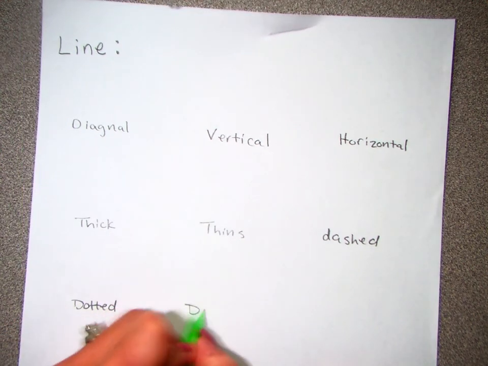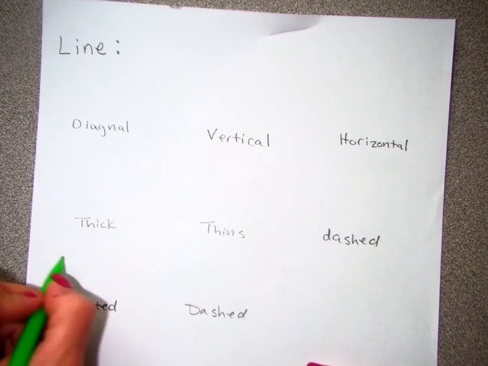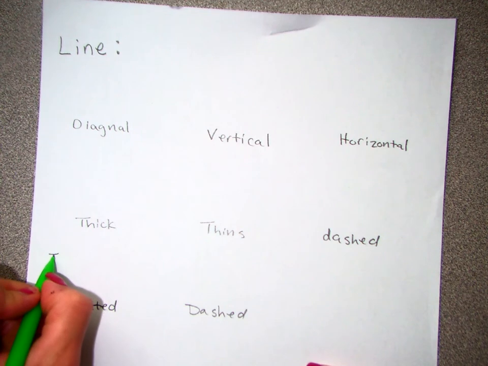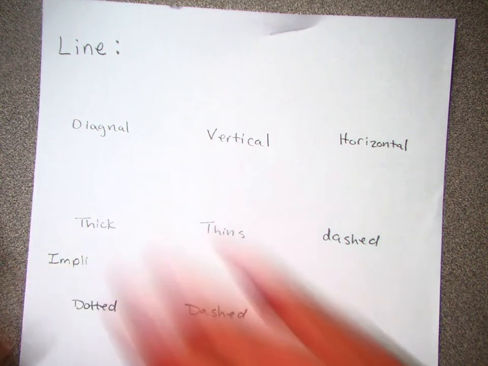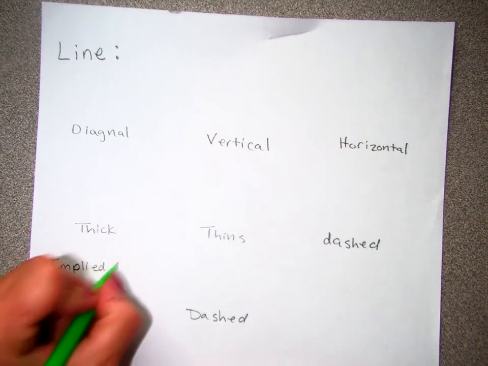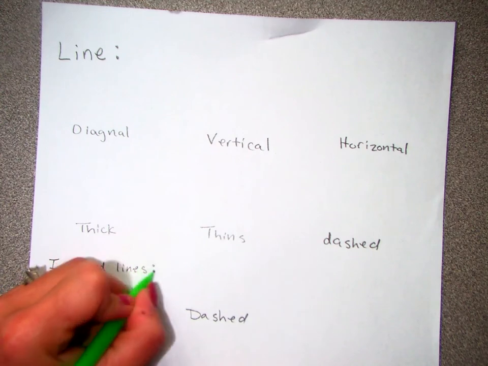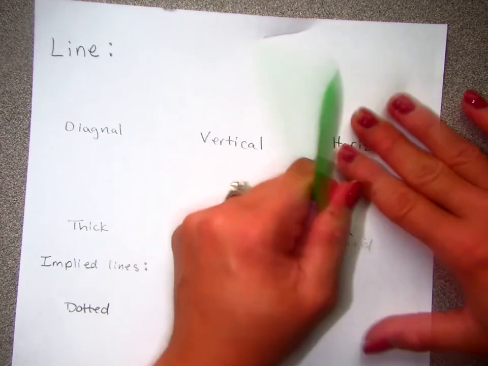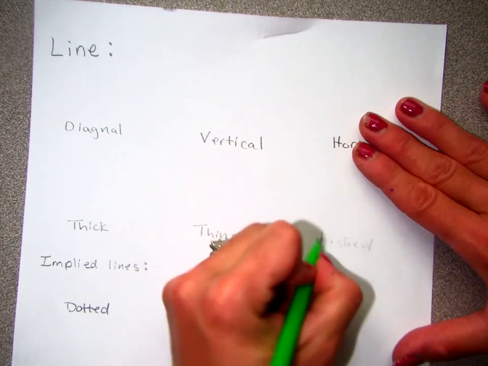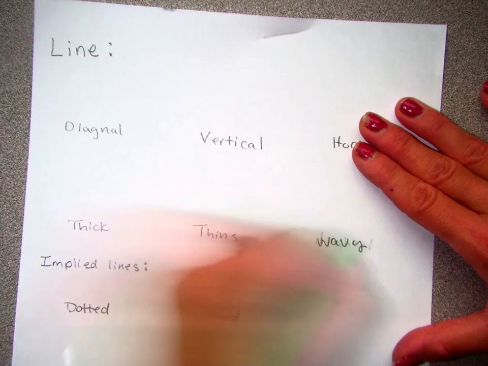Dotted, dashed. These are more implied lines, okay? So we'll do examples of those. Erase this. And I'm going to put wavy here.